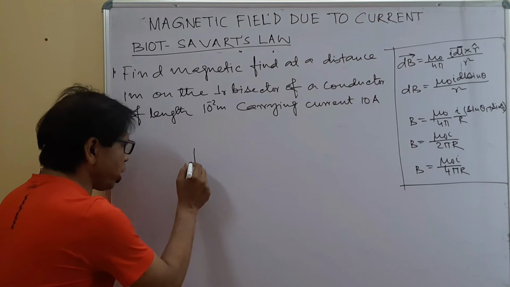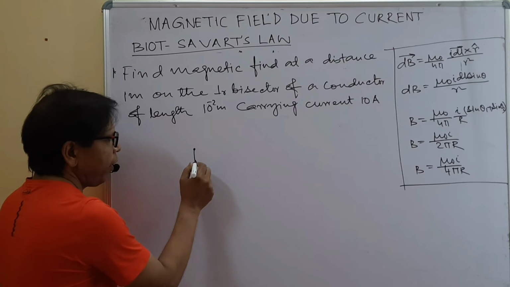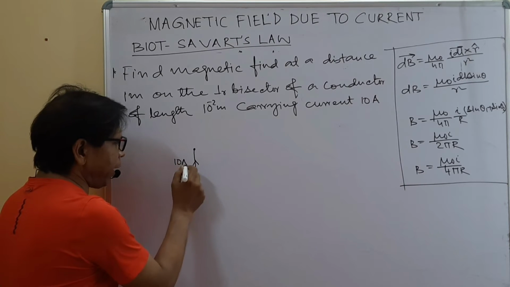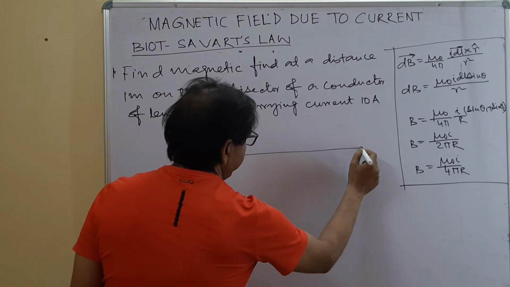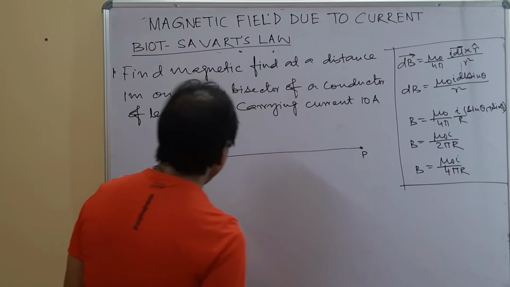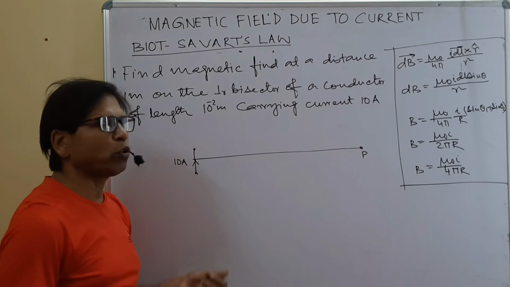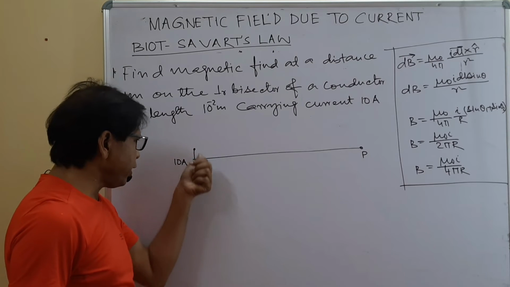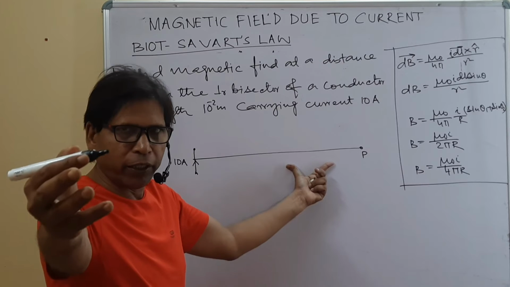Suppose this is a conductor of length 10 to the power minus 2 meter and a current I of 10 ampere flows through it. We have to calculate the magnetic field at the point P. This is 1 meter and this is 10 to the power minus 2 meter, so this length is negligible in comparison to the distance where the magnetic field is obtained.